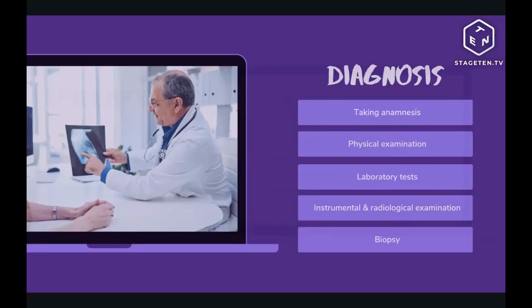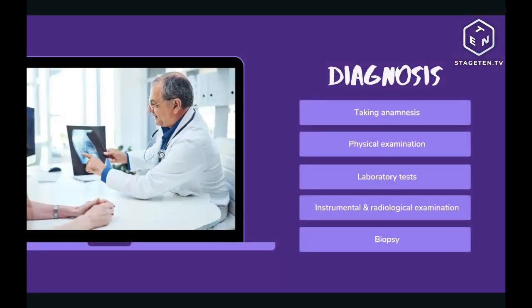And after the epidemiology, they start thinking about the diagnosis. So you may see that there are several steps. Taking anamnesis. If we speak about cancer in general, this would usually include some kinds of headaches, dizziness, concussions, even when the patient may fall unconscious. But it may also be associated with some more local symptoms.